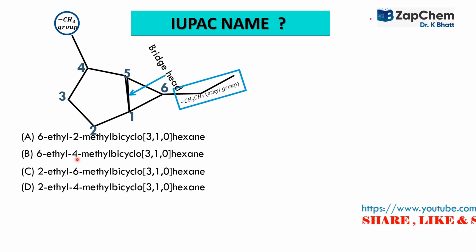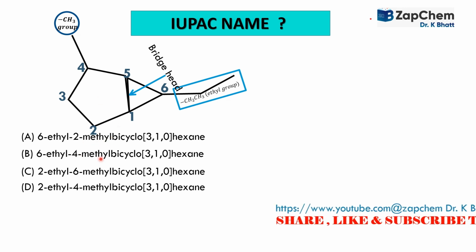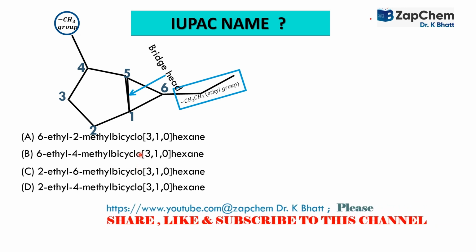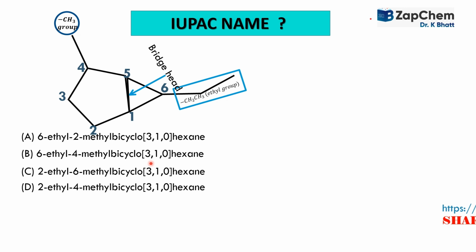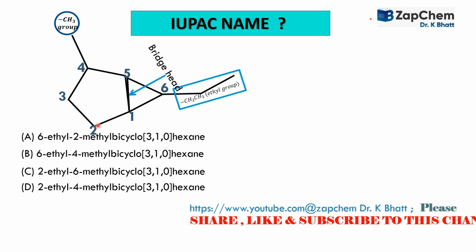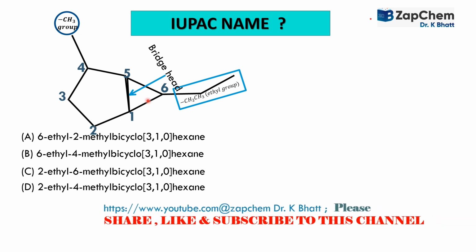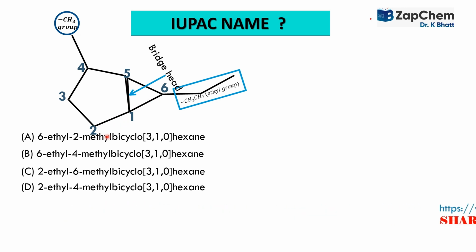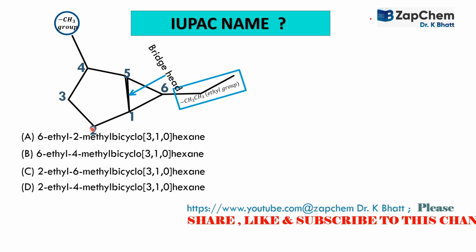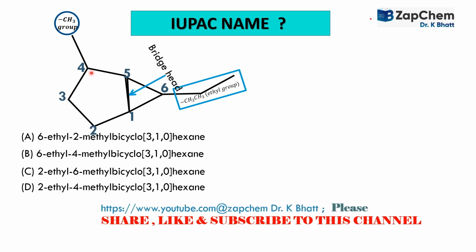And since it is a bicyclic compound, we write bicyclo, and then within brackets we represent the number of carbon atoms on the larger ring, then the smaller ring, and then the bridgehead carbon. In the larger ring, we find that there are 3 carbon atoms at the 2nd carbon, 3rd carbon, and 4th carbon.